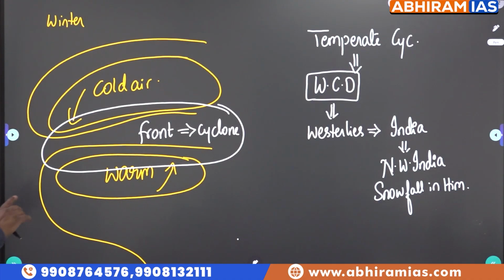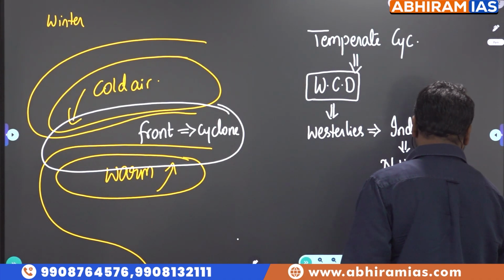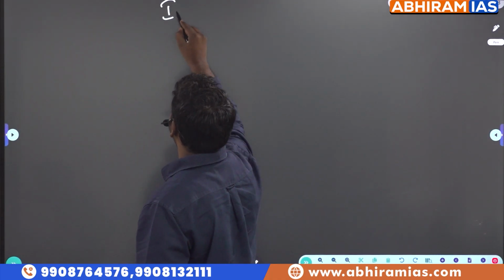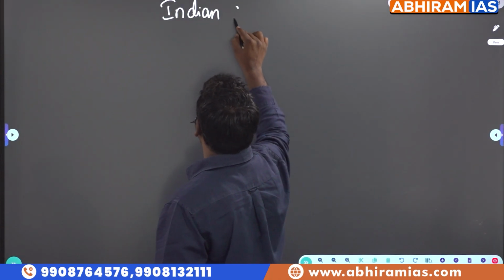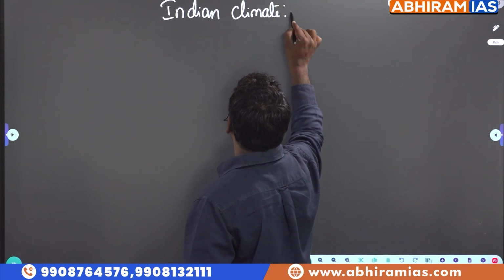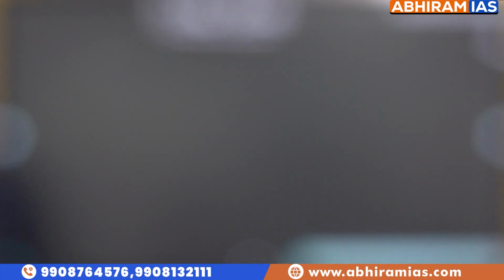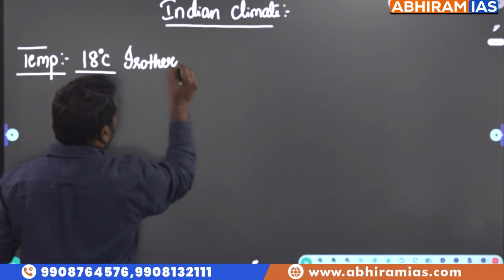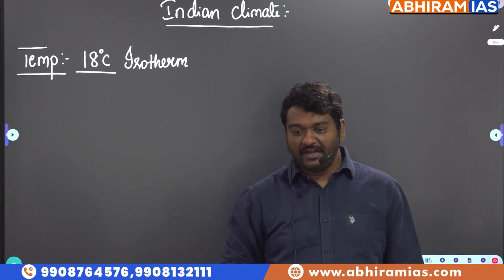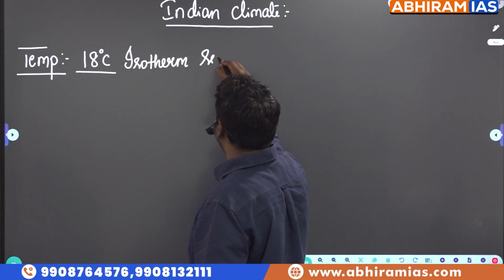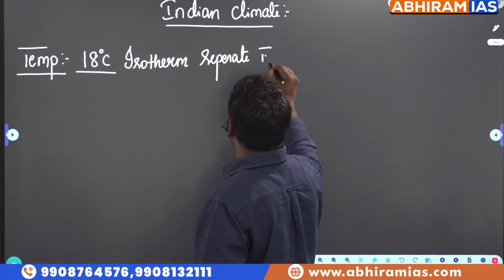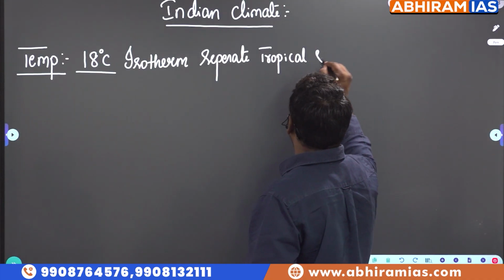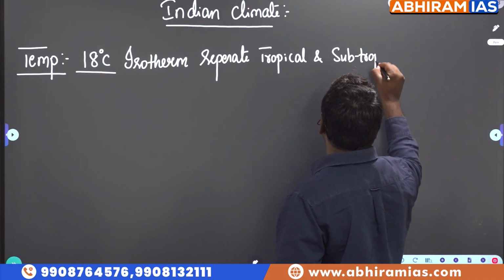So, done. Indian climate. If you take temperature, 18 degrees Celsius isotherm, important, 18 degrees Celsius isotherm, separates tropical and subtropical India.